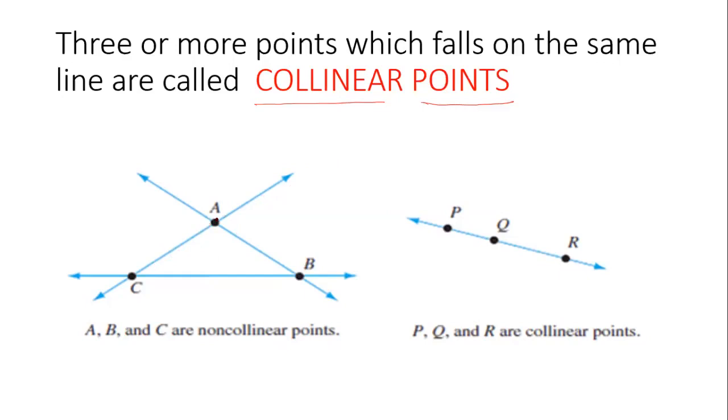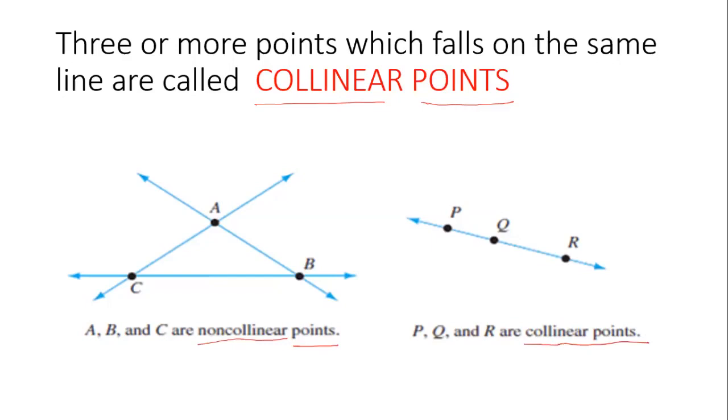Here you can see A, B and C cannot form a line. So these are called non-collinear points. Here P, Q and R, when we make them meet, they form a line. So they are called collinear points.